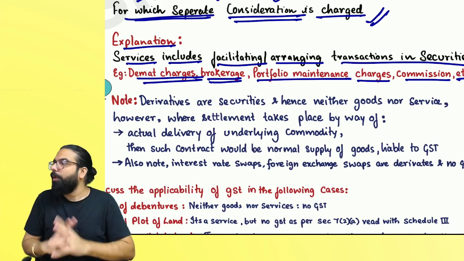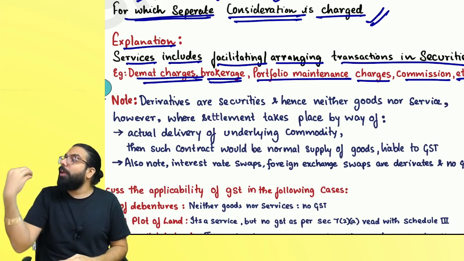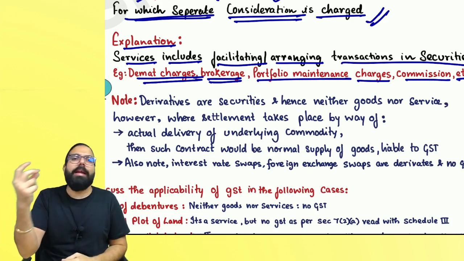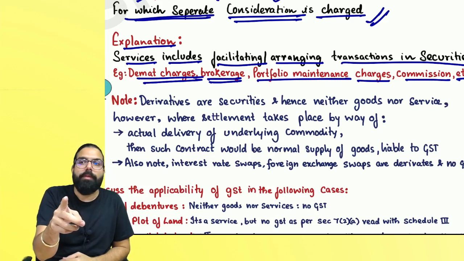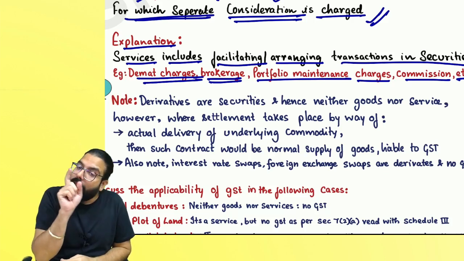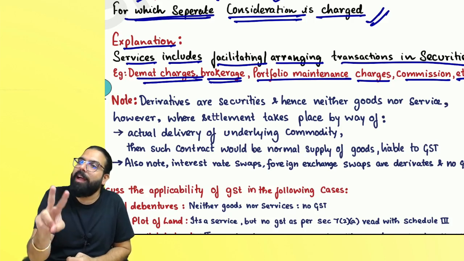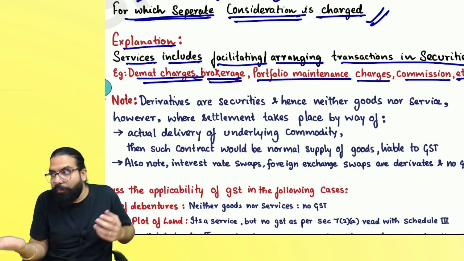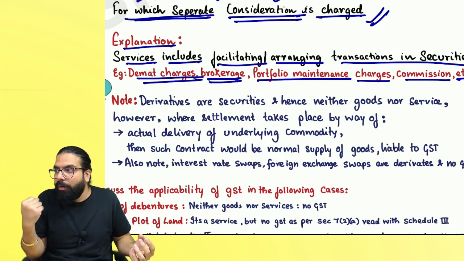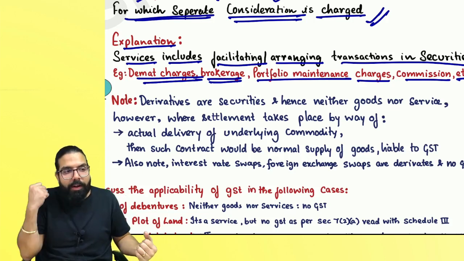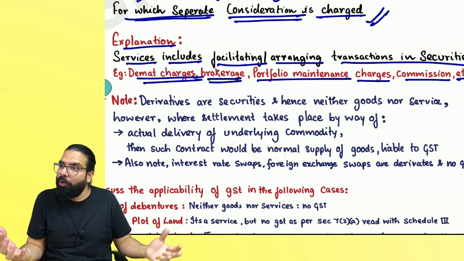Sever means separate. Clear? Service means anything other than goods, money, and securities, but includes activities relating to use of money, its conversion by cash or by any other mode from one form to another, one denomination to another, one currency to another.